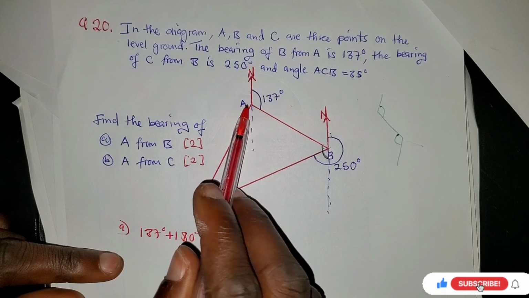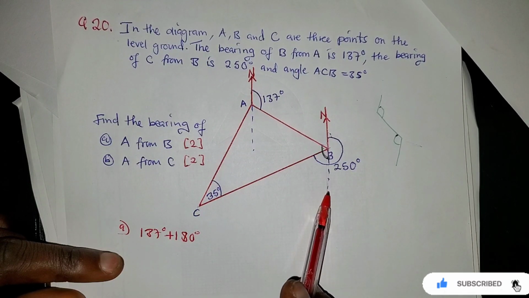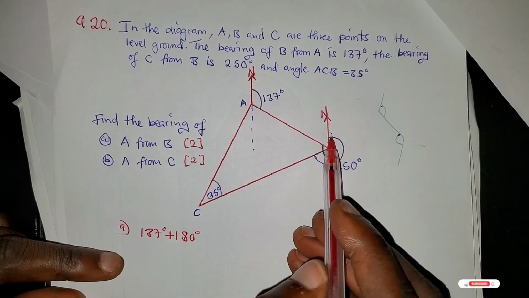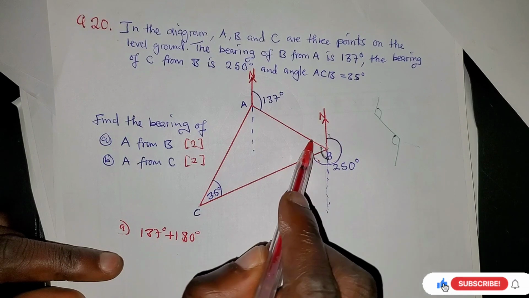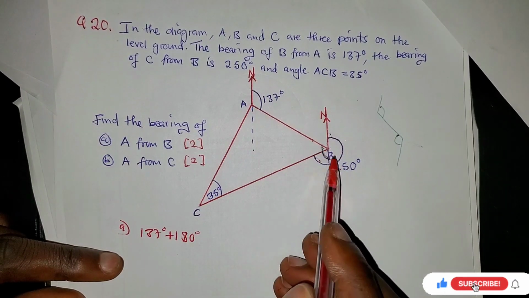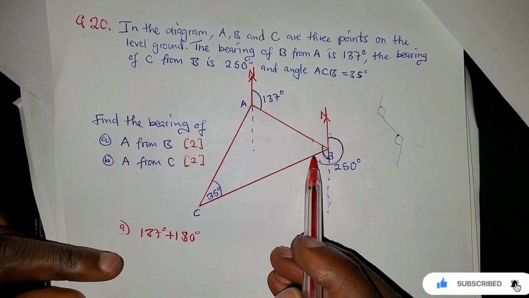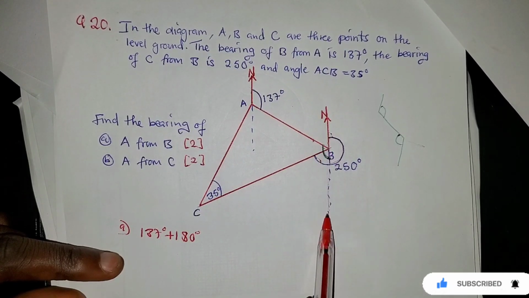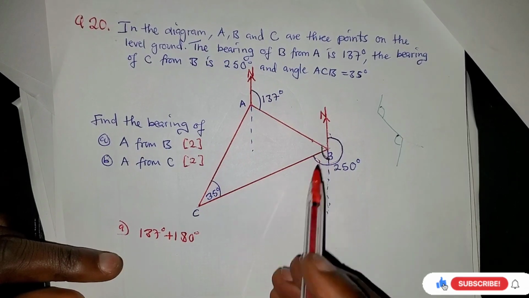This 137 here is equal to this one up to here. But the bearing is A from B, so from here up to the line connecting A and B. And we are given the bearing of C from B as 250. We know that the straight line is 180, then this angle here is 70. So let's just add these two.